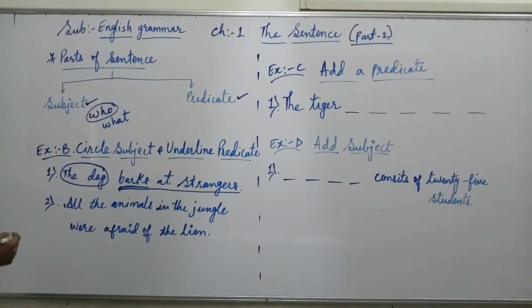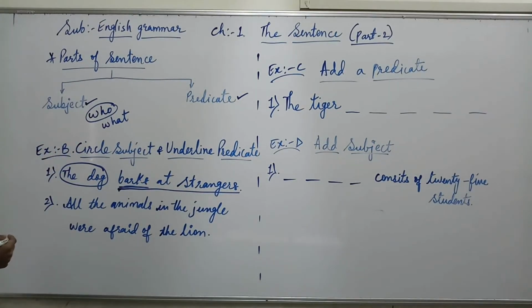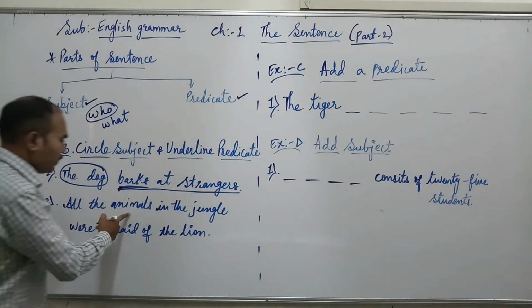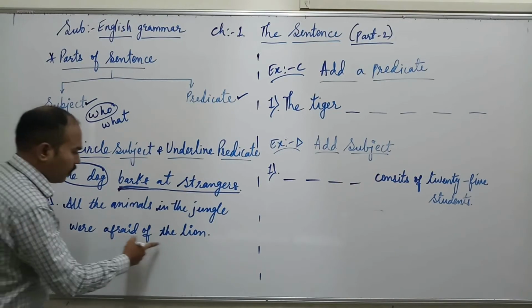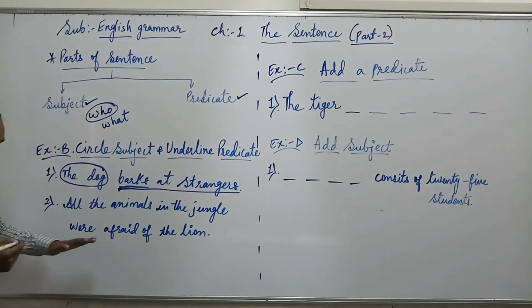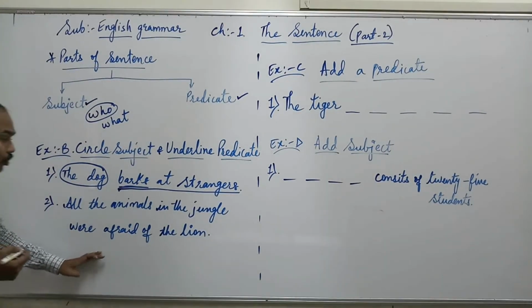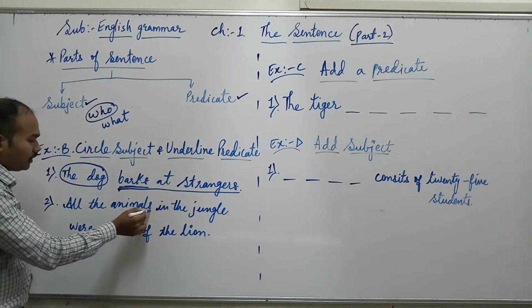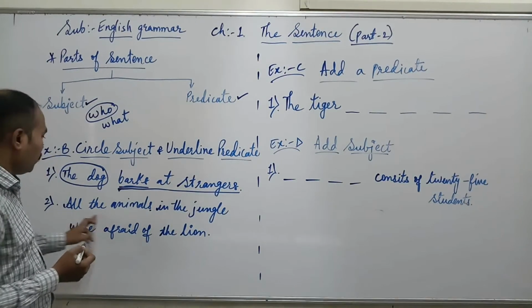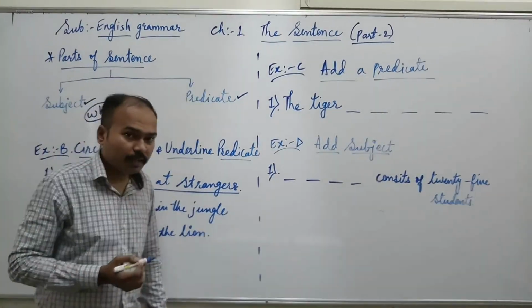Now let us move forward towards question number 2. All the animals in the jungle were afraid of the lion. This is another example. Now how to identify the subject here? You can see a noun over here, but how to identify?